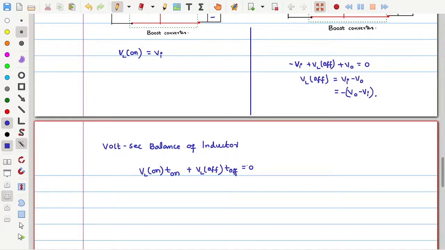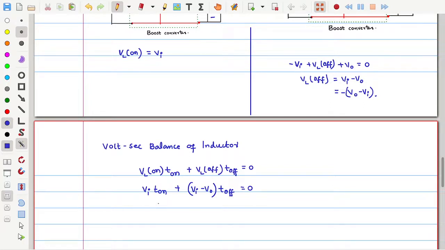Now let us see what we get. So this is Vi into T on plus VL off, which you can write as minus (V0 minus Vi), or directly plus (Vi minus V0), no issue, in either way, into T off is equal to 0.